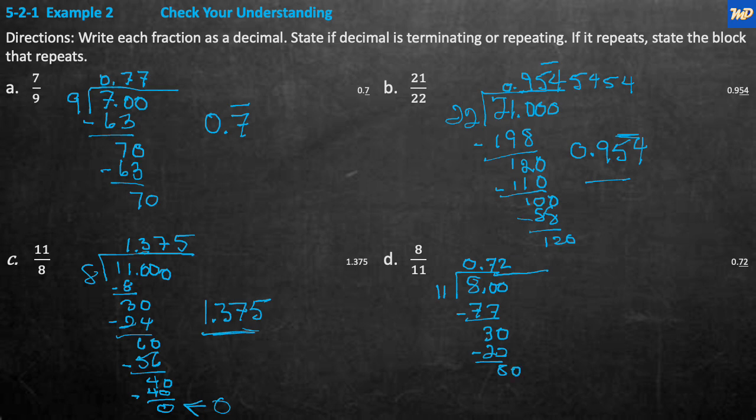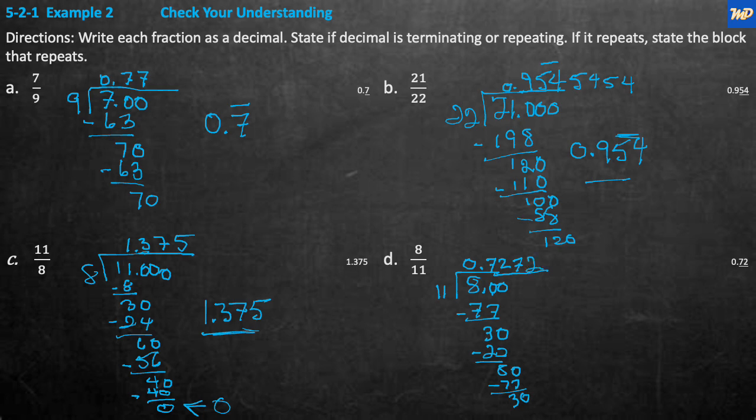We divided into 80 up here in the very first time. Here's an 80. So the same pattern is going to repeat again. So we can do that. 11 divides into 80 7 times. There's our 7. 7 times 11 is 77. 80 minus 77 is 3. Bring down a 0. 11 goes into 30 2 times.